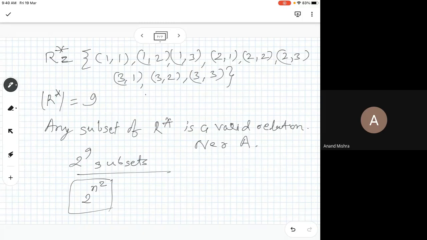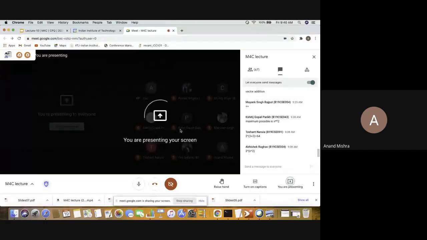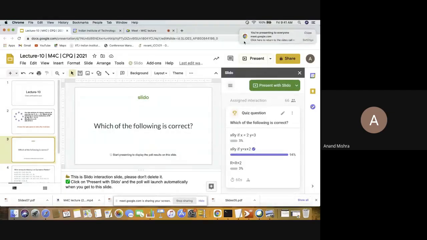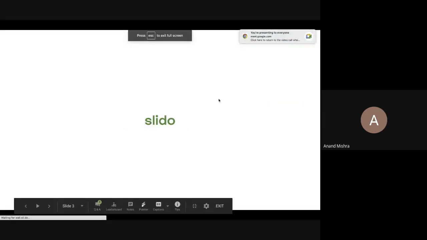Time for a small quiz, not quiz, question, and then we will move to proving some lemma today. Just 2-3 minutes for this quiz. Okay, present with Slido.